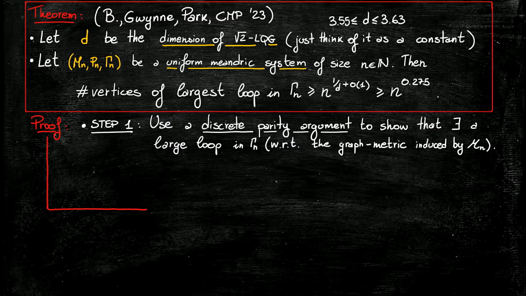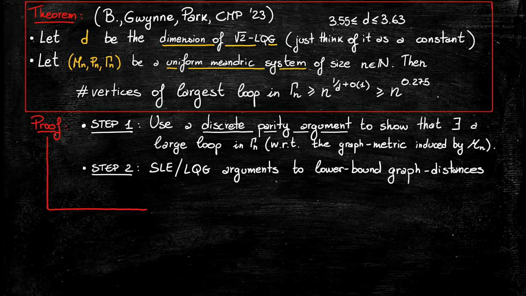You prove that there are loops that are big compared to the size of the planar map. Then the second step uses SLE and LQG techniques: since the loops are very close to the diameter of the map and we can control the diameter of the map very well, we can conclude that this is true.